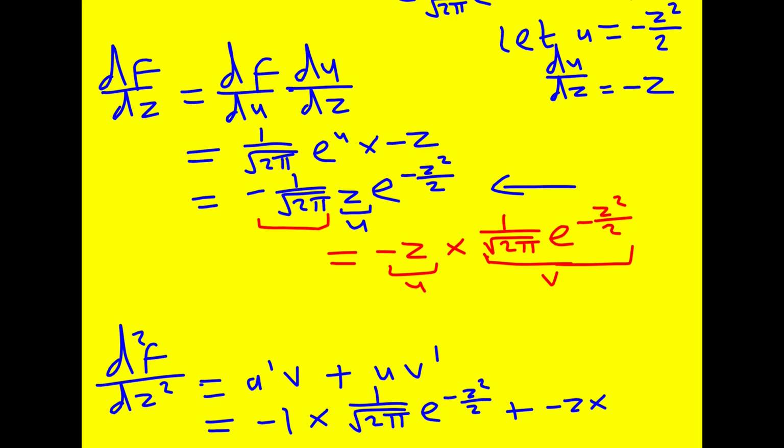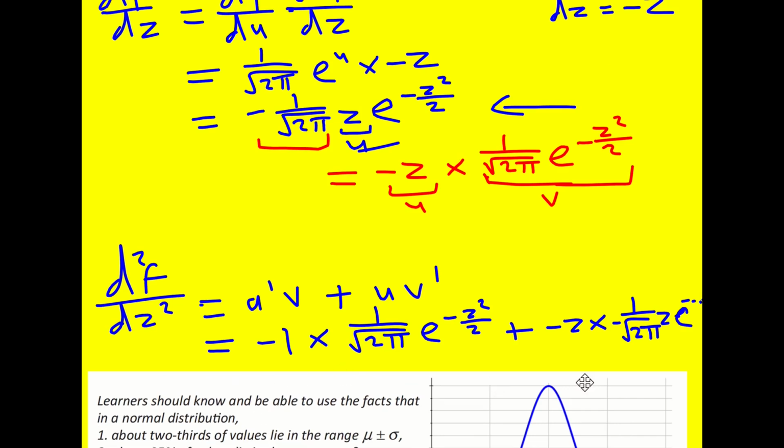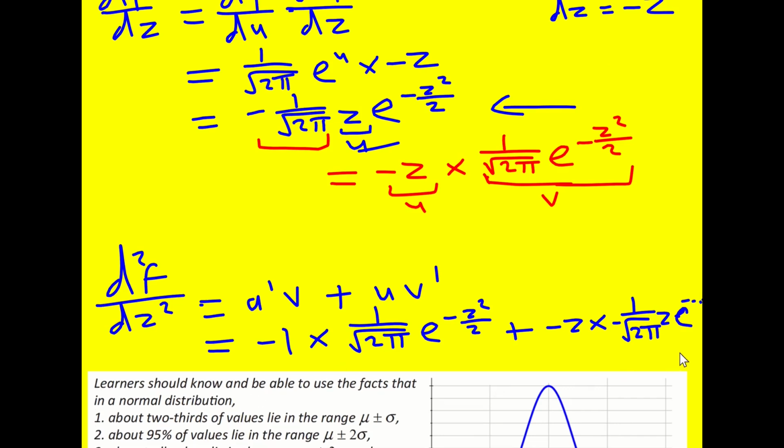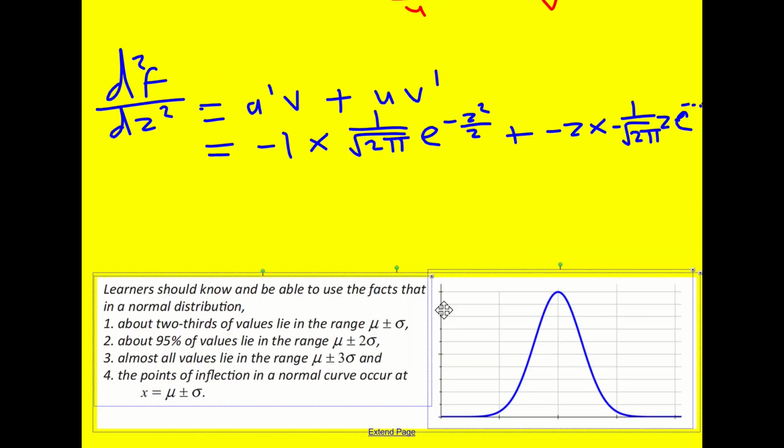Here it is, this thing here. So it's minus z times minus z over root 2 pi, and then e to the minus all that other stuff. Sorry, I ran out of room. Gonna keep going. Not looking very nice, is it? Maybe you think it is.